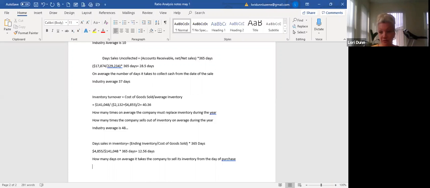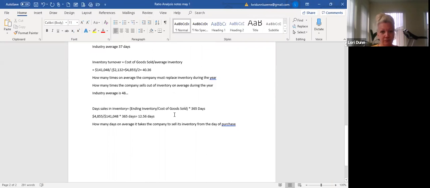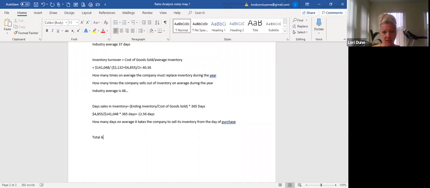Our final efficiency ratio is called total asset turnover. Now that's found by taking net sales. Now remember, why do we use net sales? Because that's the money we're creating with our assets.